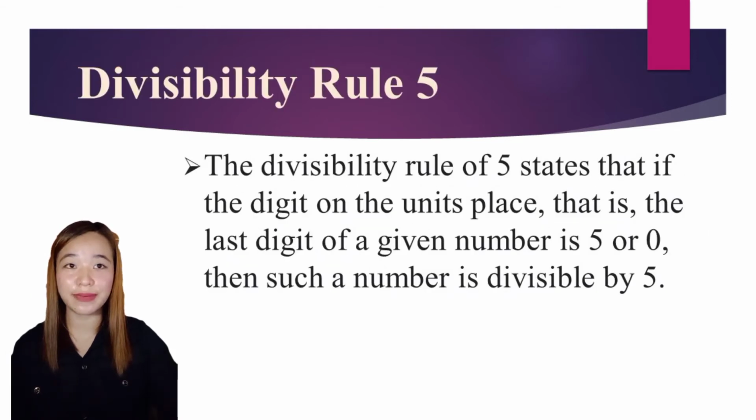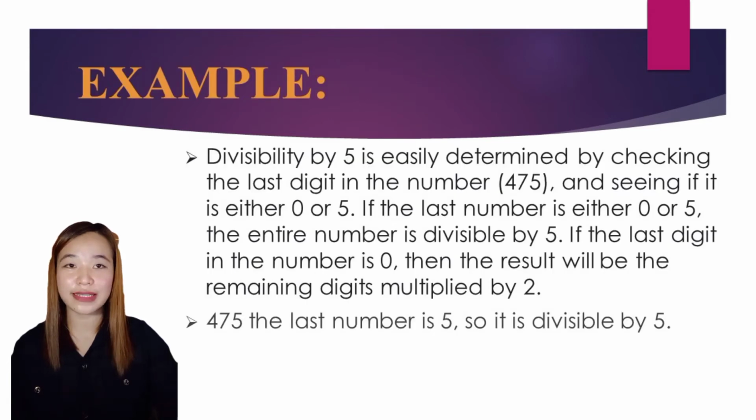So next, the divisibility rule of 5. The divisibility rule of 5 states that if the digit in the units place, that is, the last digit of a given number, is 5 or 0, then such a number is divisible by 5. Divisibility by 5 is easily determined by checking the last digit in the number, such as 475, and seeing if it is either 0 or 5.